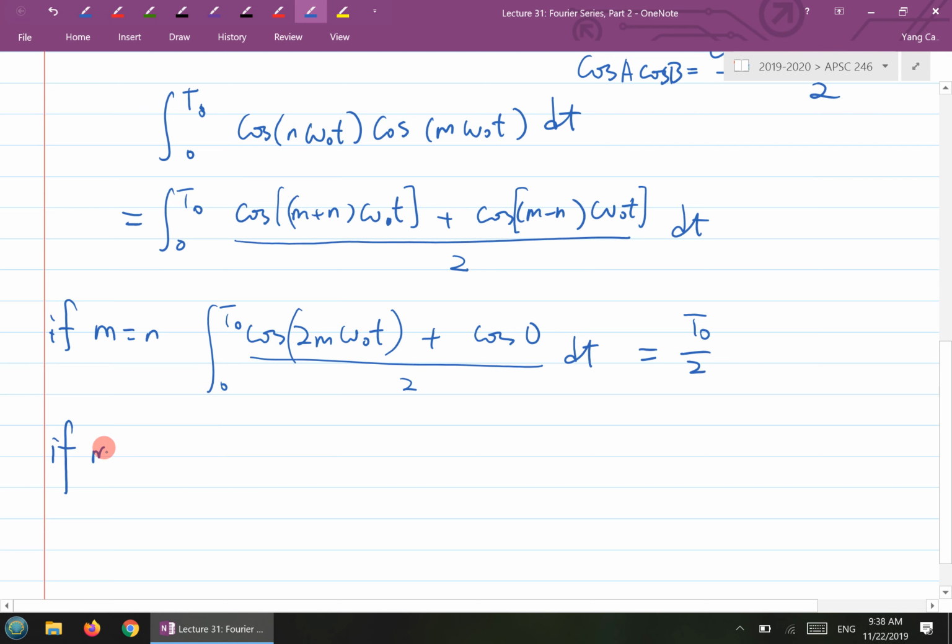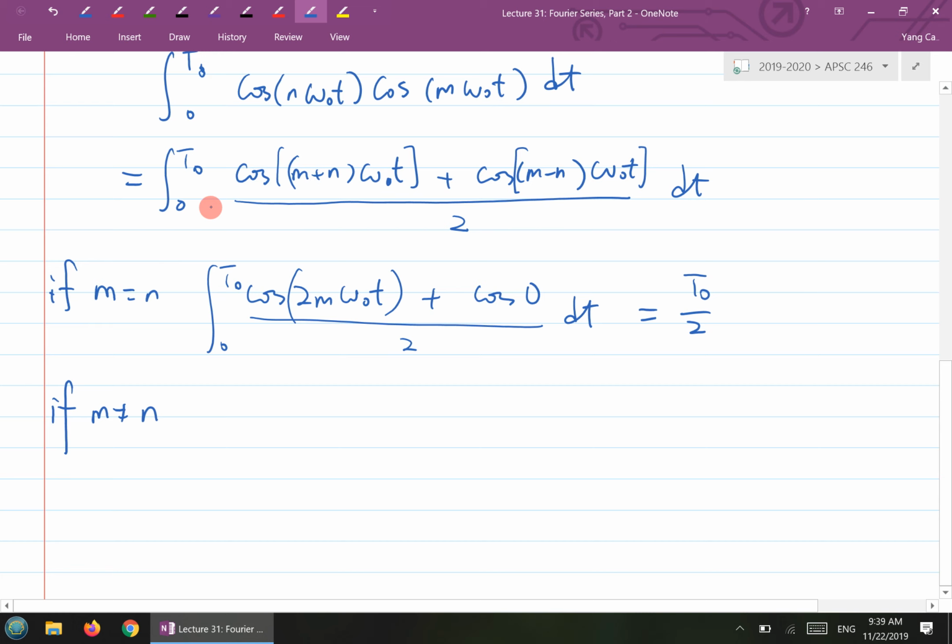But if m is not the same as n, so this is not 0 and that's not 2m, then you can integrate the two cosine terms separately. The integral of cosine is sine, right? So for the integration results, you get sine m plus n omega naught t, divided by m plus n omega naught.